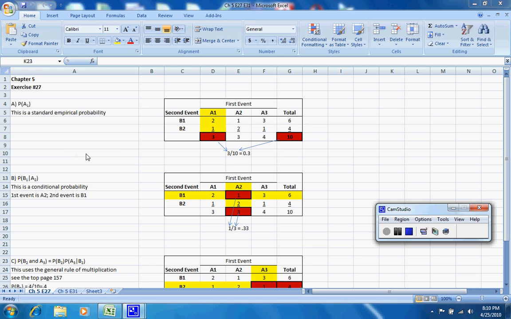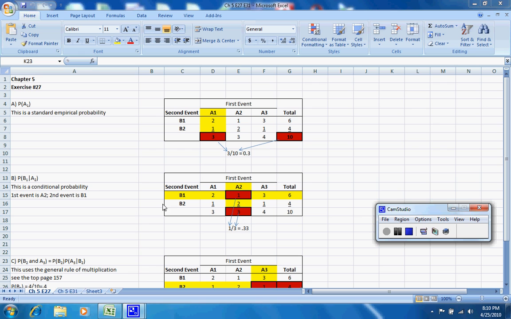The second part of the question, part B, is a conditional probability, and it is the probability of event B1 happening conditional on the fact that event A2 has already happened. So what we would do here is go to the column for the A2 event and see that in that column there are a total of 3 possibilities.